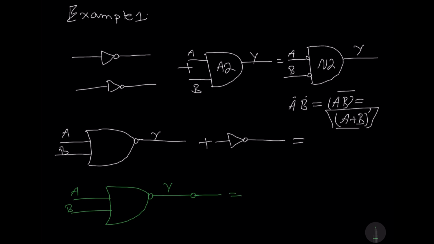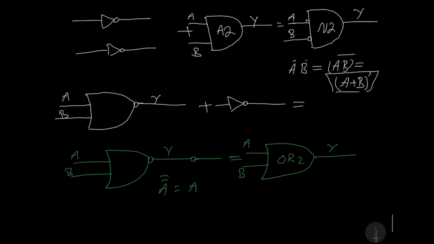This bubble will cancel that bubble, so that will become just a simple OR gate, OR 2, with input A, input B, and output Y. We cancel those two bubbles out because A not not is equal to A. So A inverted, and then inverted again will become back to the regular signal. So that's how we got this.